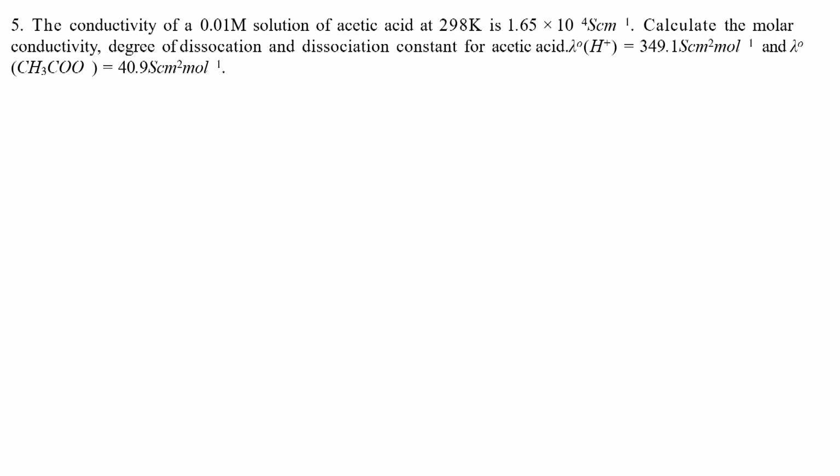So, from there we can calculate lambda m naught of acetic acid. So, we can write lambda naught of acetic acid is lambda naught H plus plus lambda naught acetate ion, right, that we already discussed.